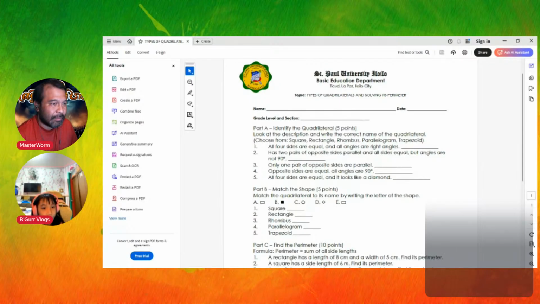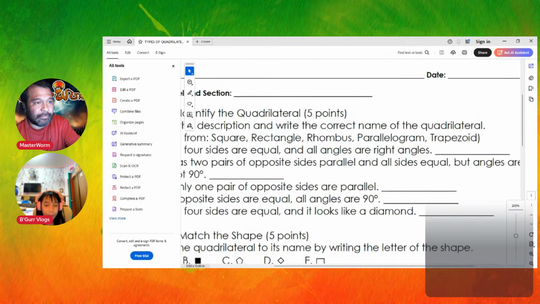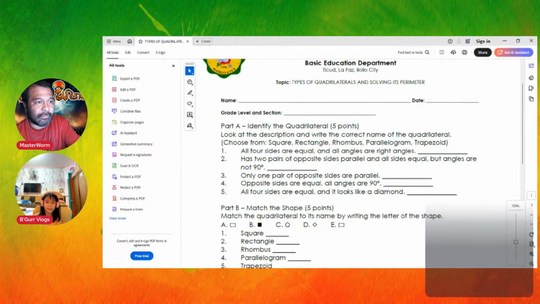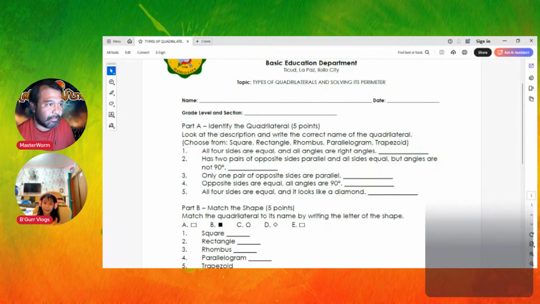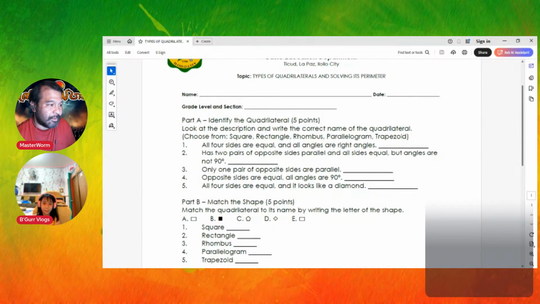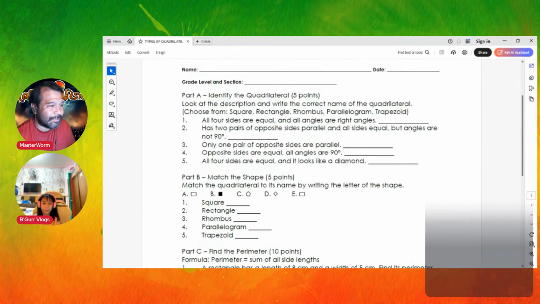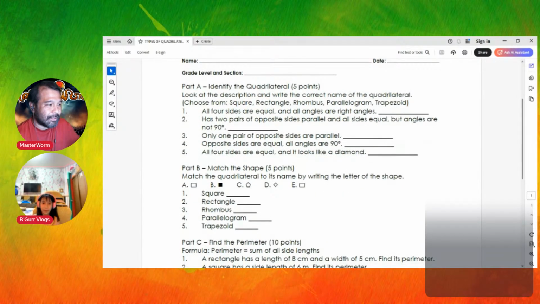Is that clear? Is it clear or not? It's still okay, Daddy. Okay. So you will only answer part A and part C. Part C and D. You will not answer part B. Okay? So that's the instruction there.